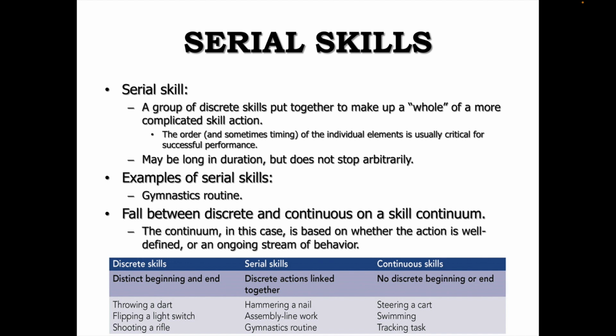Those are a bunch of different discrete skills, but you put them all together in one fluid movement to go from start to the end of your tumbling pass. So again, serial skills fall in the middle of the continuum between discrete skills and continuous skills. Again, you can look at a few different examples of discrete, serial, and continuous skills.